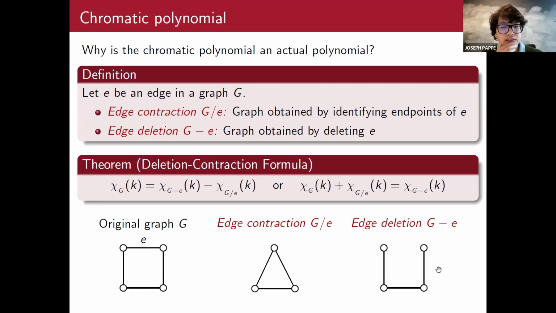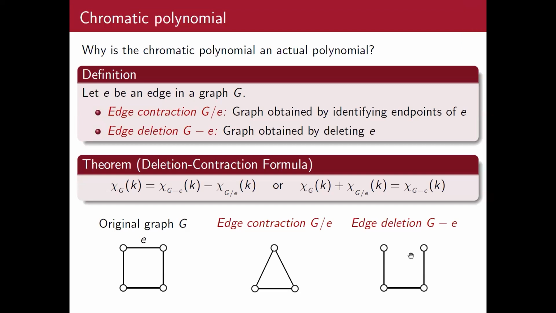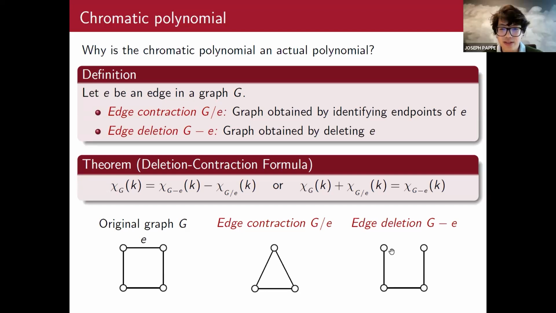Now, what's the reason for this? Well, because I've deleted one edge, I've lost one constraint from my original graph. And because I've deleted this constraint, this allows both of these two vertices to be the same color, which is not the case when we had this edge present.